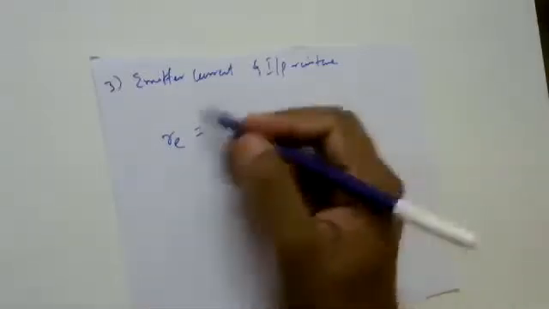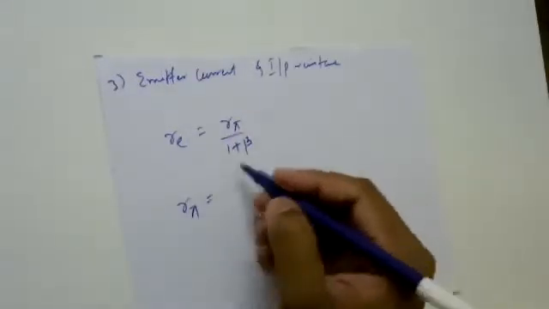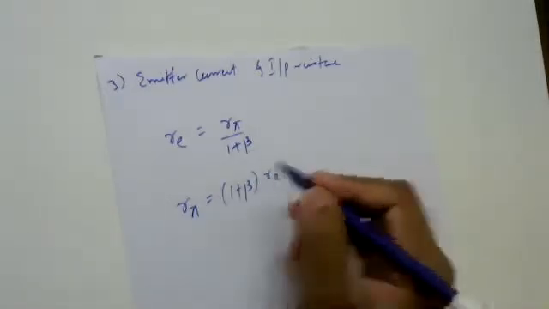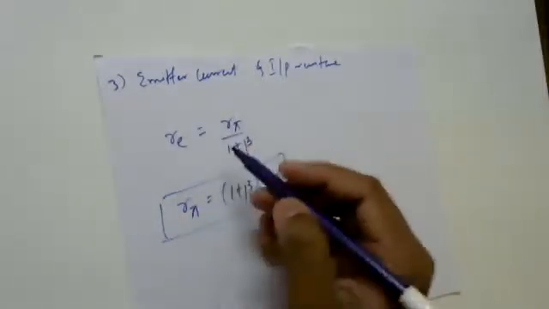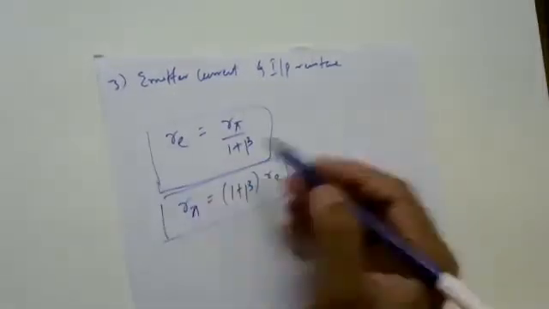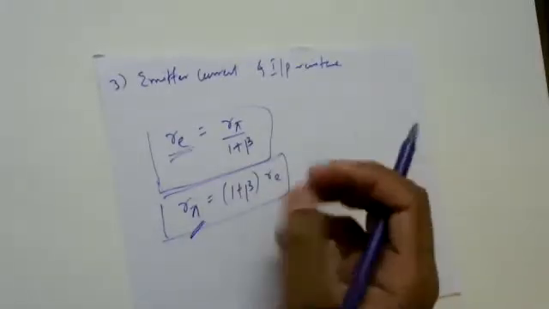Writing this equation once again, r pi equals 1 plus beta into re. So you can use either form, both mean the same. This is defined in terms of re and r pi.